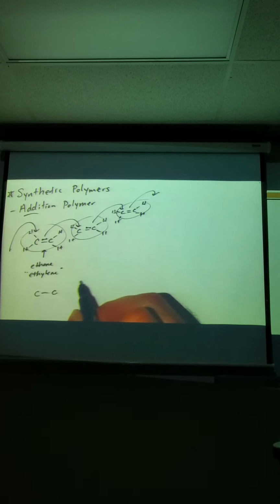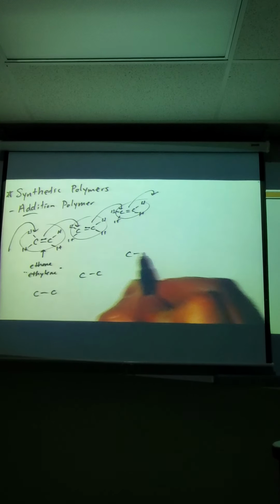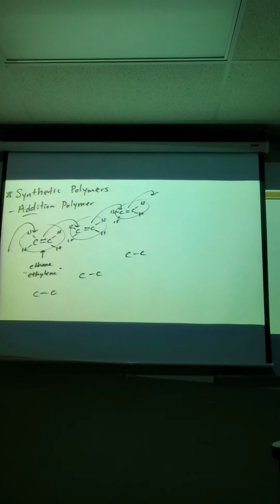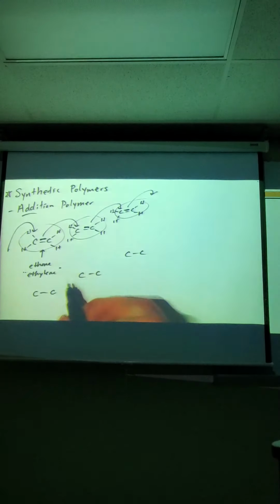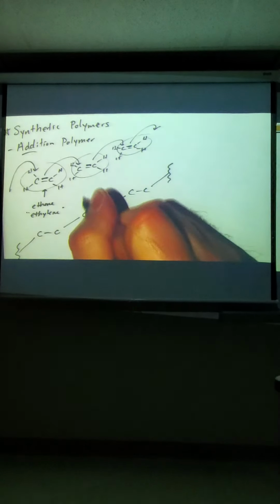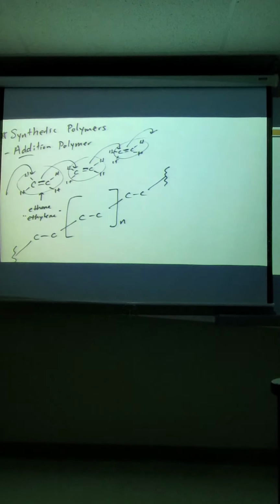But in week 8, chapter 18, what we're looking for is when you put these together, you now have the same little sequence of multiple carbons in a row, but we traded this double bond for a new single bond. This single bond goes off to somebody else. So what we have is a repeating unit that goes on forever.